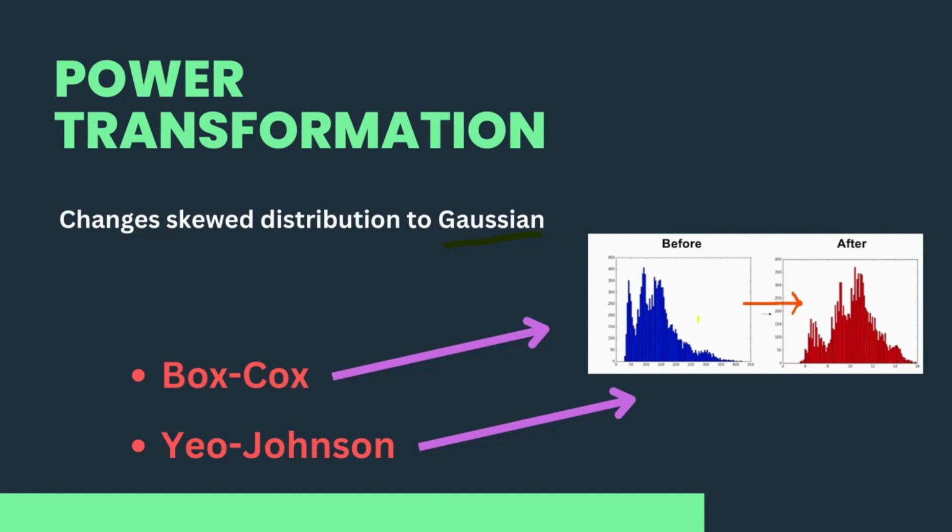Both change your distribution to a normal one, and Box-Cox is applied on right-skewed data, because it is the same as log transformation. In log transformation also we apply it to right-skewed data, and to left-skewed data we apply square transformation or another type of transformation.